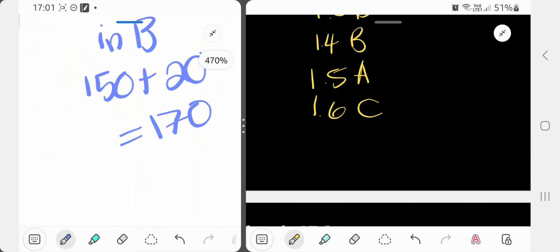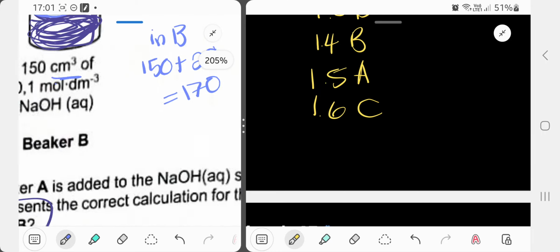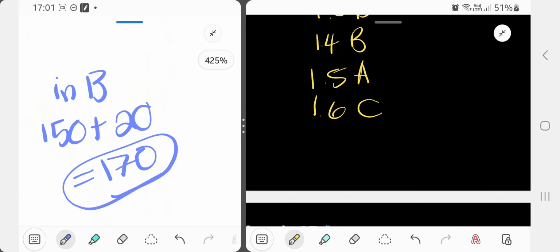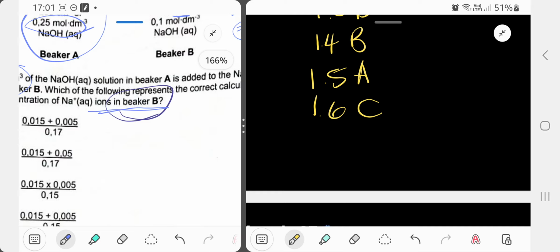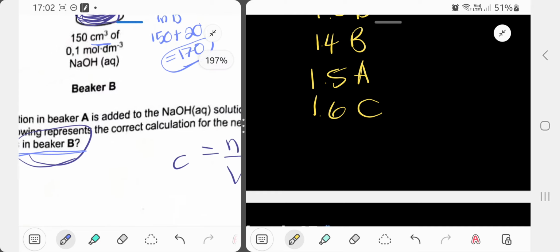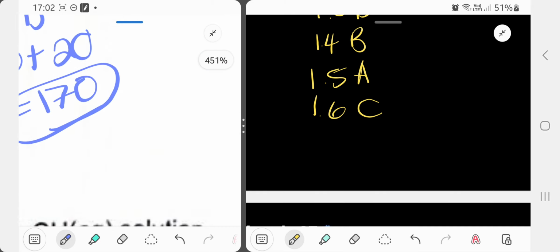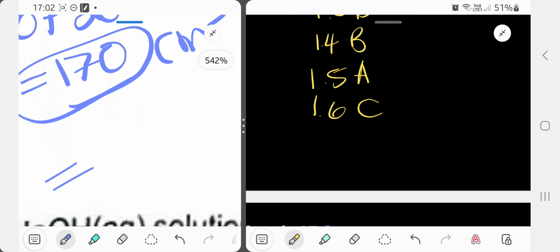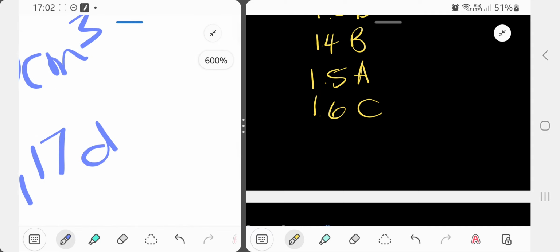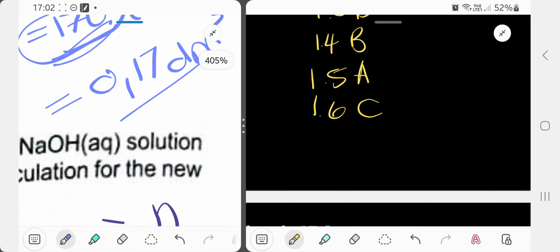So in beaker B now we have 170. The reason we're calculating the total in beaker B is because they're asking for the concentration of ions in beaker B after that was poured. Obviously this is in centimeter cubic, so this is 0.17. We divided by 1000 so that we can have it in decimeter cubic.